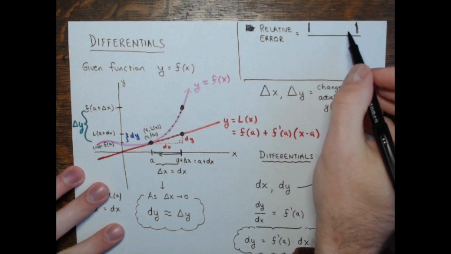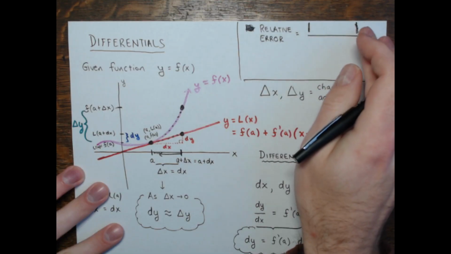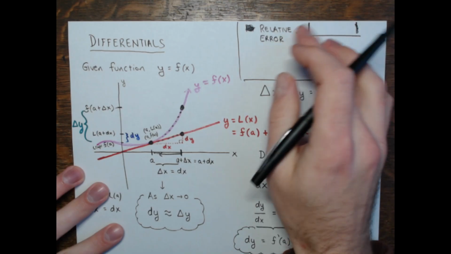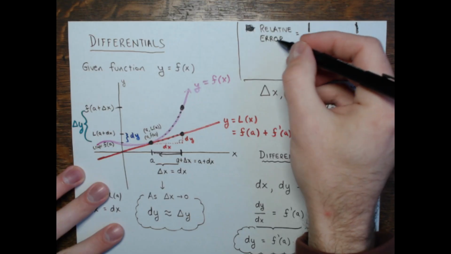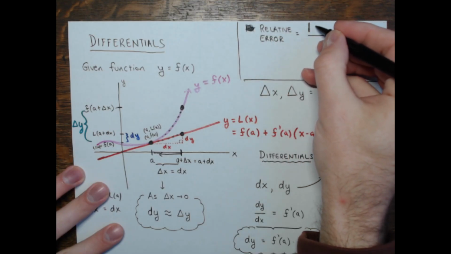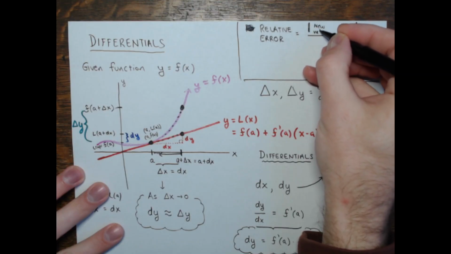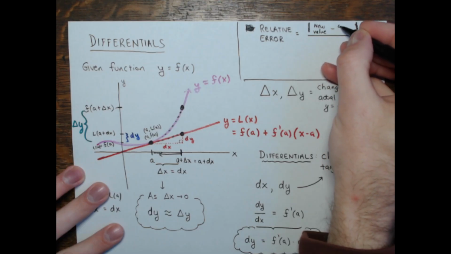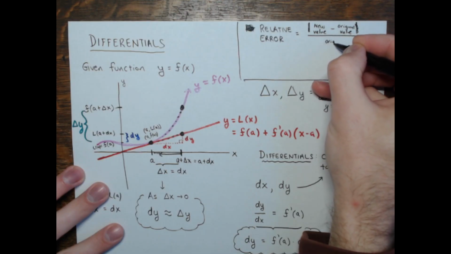So maybe not, again, you can put absolute value here, but they might talk about positive change if it's increasing, negative change if it's decreasing. But the relative error in some quantity is your new value minus your original value, and then divided by the original value.